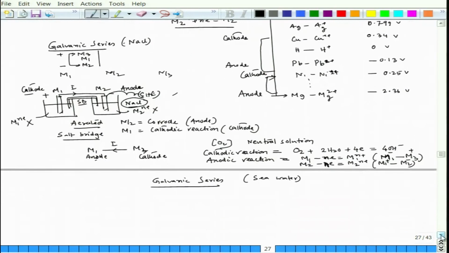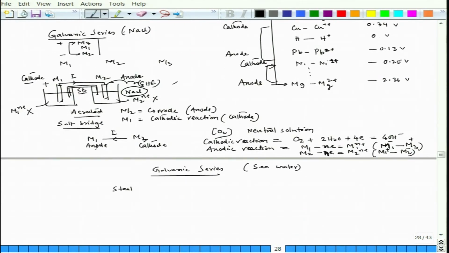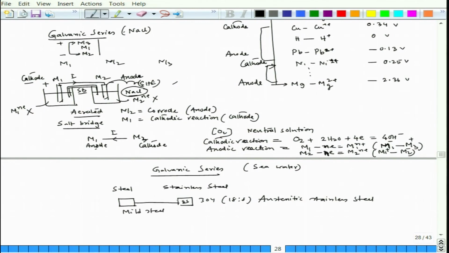For example, if we consider steel and stainless steel, let us say you have a stainless steel SS, 304, the standard form of 18-8 austenitic stainless steel, and another steel which is mild steel, and let us say you have made an electrical contact.